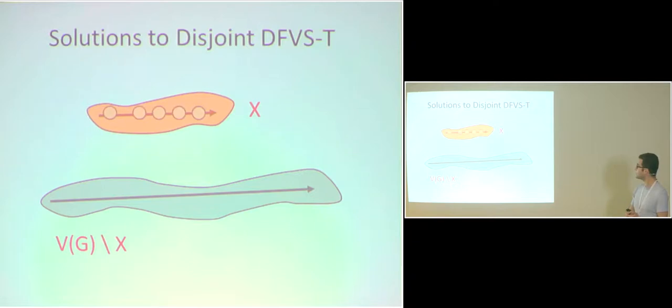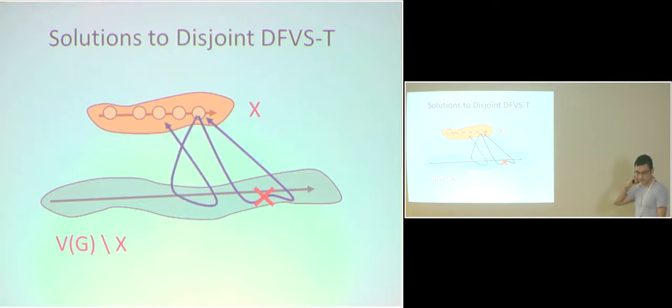If we remove the solution, I cannot have any path that starts in a vertex in X, goes down to the rest, walks a bit around disjoint from the solution, and comes back to the same vertex. Why not? That's a cycle, and I can't have cycles in a DAG. So whatever I delete from here must intersect all paths like this, from a vertex down and up to the same vertex.